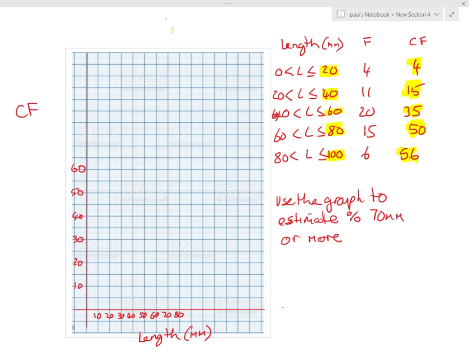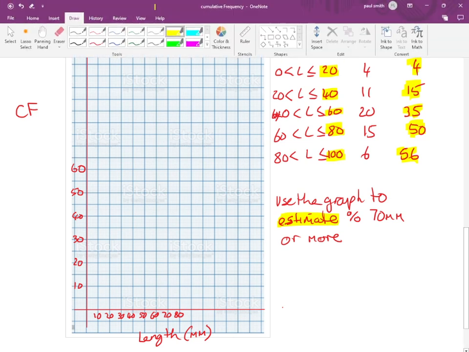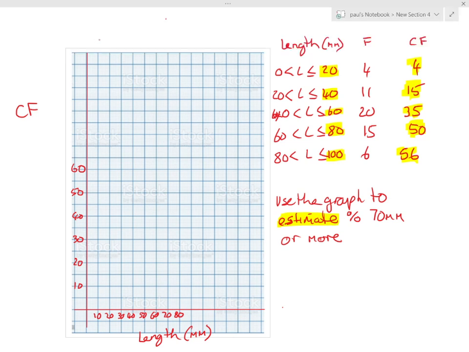It's always this word to look out for with grouped data. You can never be accurate, you can only estimate. So let's do all the plots. When we've got 20, we've got a cumulative frequency of 4, which is down there. When we've got 40, we've got 15. 60 gives us 35.